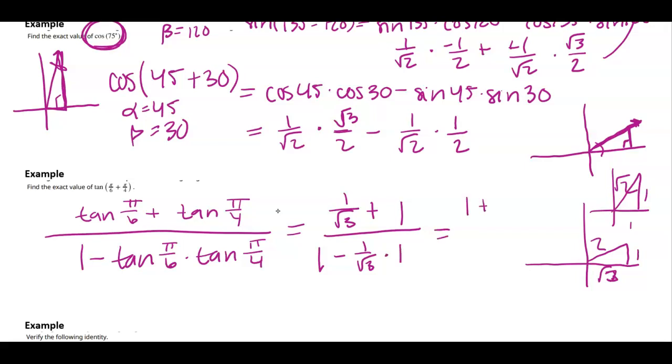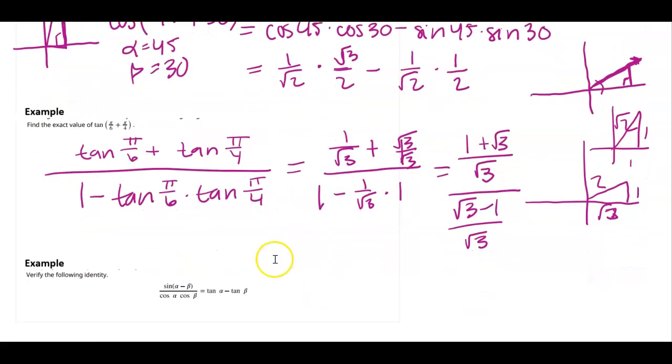So I have 1 plus root 3 all over root 3, if I change this to root 3 over root 3 to get a common denominator, all over root 3 minus 1 over root 3. And for dividing fractions, I'm going to multiply by the reciprocal.